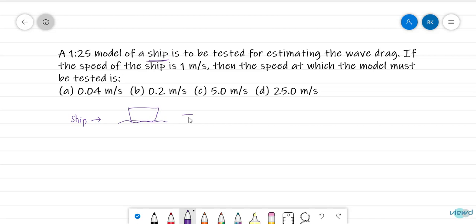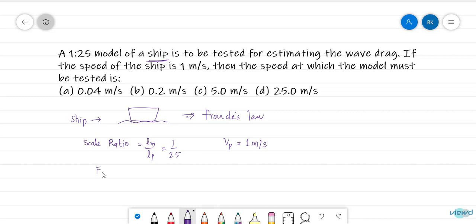On the sea means Froude's law, where the gravity force will be dominating. Now let us write the given data. Scale ratio Lm by Lp is equal to 1 by 25. The speed of the ship means prototype, that is 1 meter per second. Then the speed at which the model must be tested is?